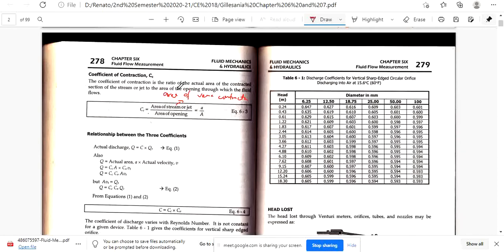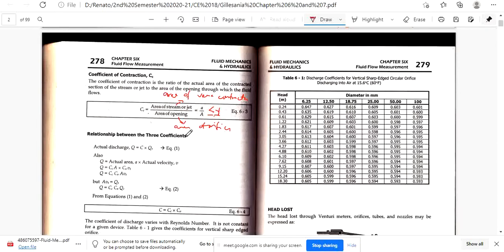So area of the vena contracta and kani is area of the opening. Pwede ba yun nga area of the nozzle or area of the orifice. So it is the ratio between the area of the vena contracta or area of the jet over the area of the opening. So mao ni. So it can be equal to 1 but it cannot be greater than 1. So ingana na siya. Okay.